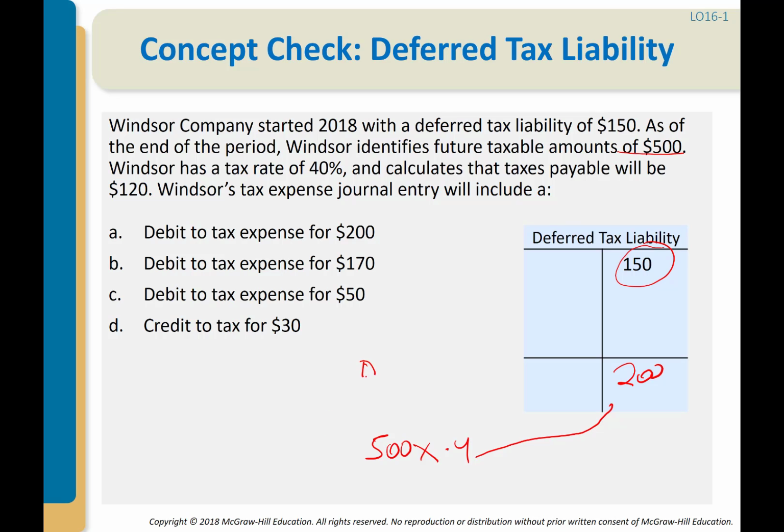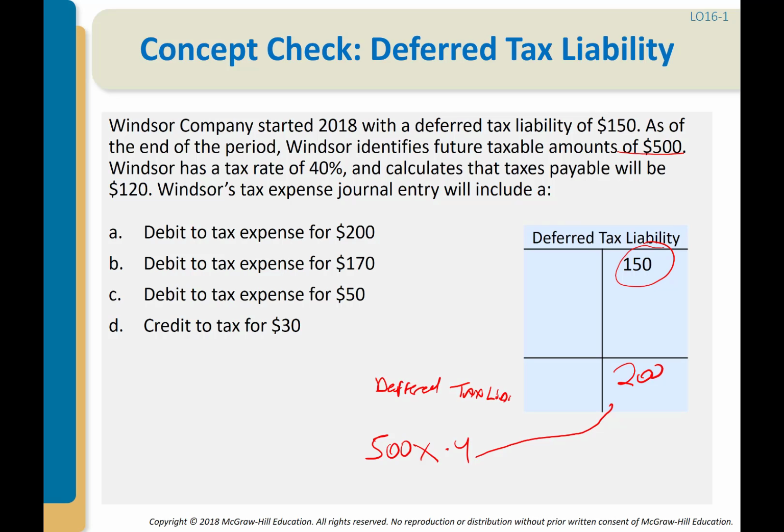So I know I have to credit the deferred tax liability. I'll just write it up here. For 50, and then the way I ended up writing this, it makes me have to write it on the debit side, which I don't want to do. And here we go again.